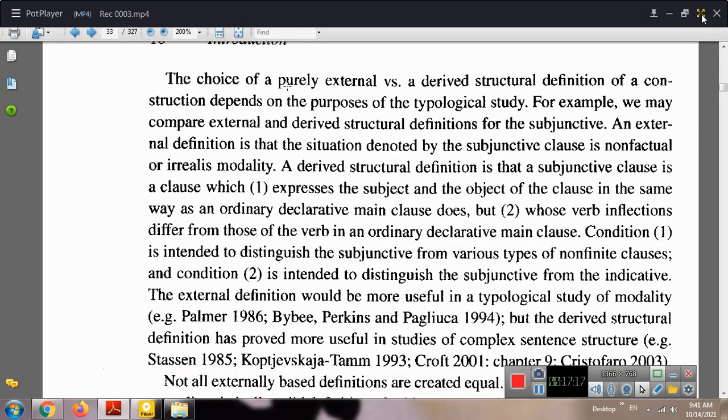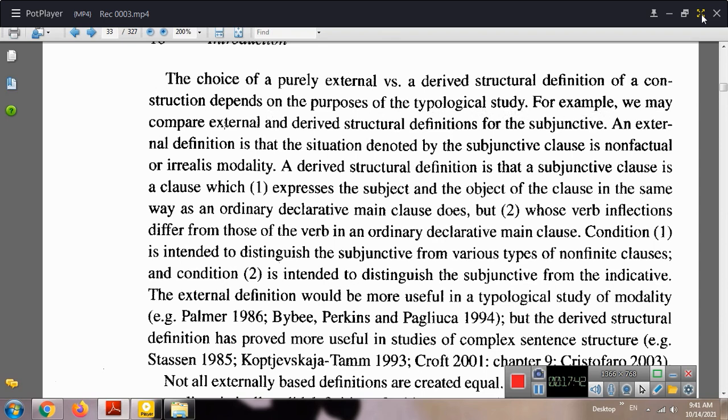The choice of a purely external versus a derived structural definition of a construction depends on the purposes of the typological study.